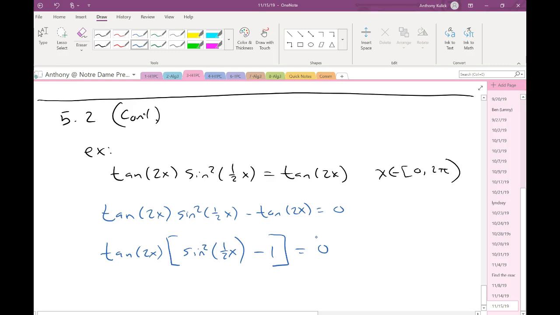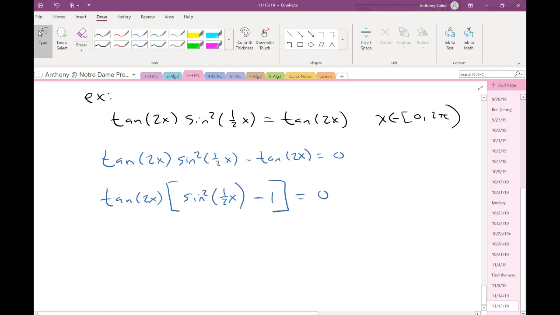Everybody's okay there. See what we did? And I used the bracket there just because we already have a bunch of parentheses. It just seems a little cleaner to do it that way. You don't need the bracket. You could write a parenthesis or whatever. Then what do we do?